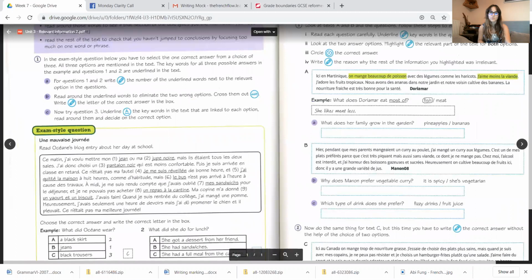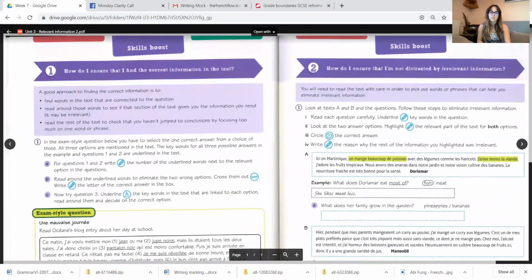If you have a word, you need to be able to know what it means, all the different implications and meanings that you can get from that word, and that is where you're going to get the correct information. So here they say find words in a text that are connected to the question. And that's basically what I mean.